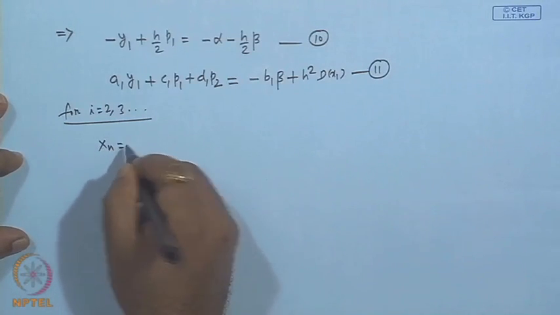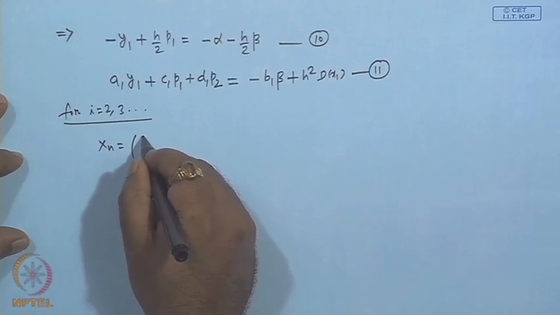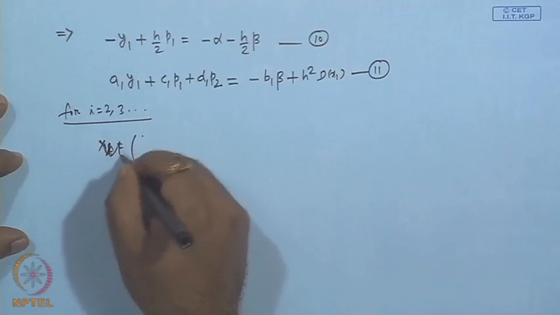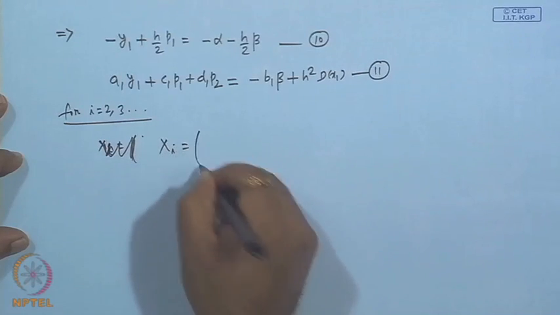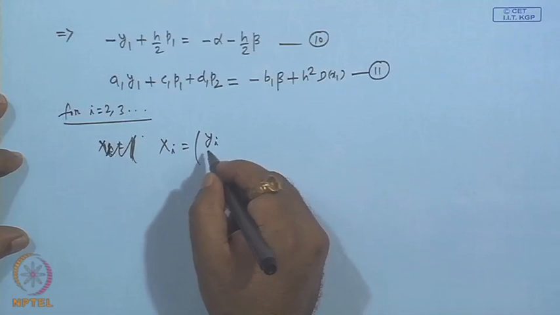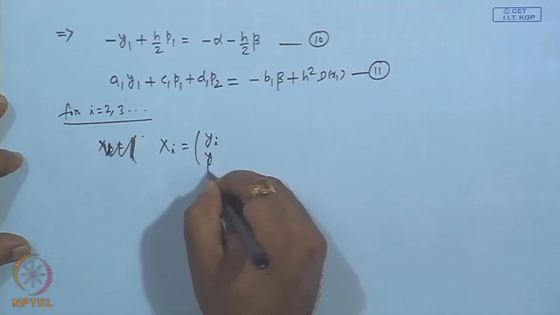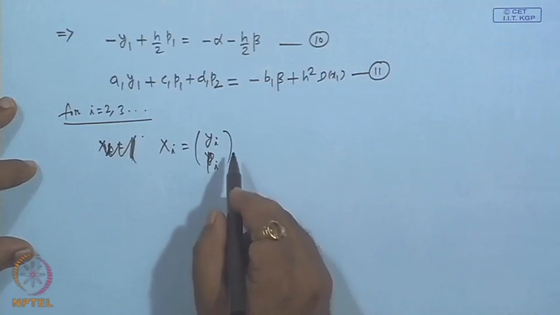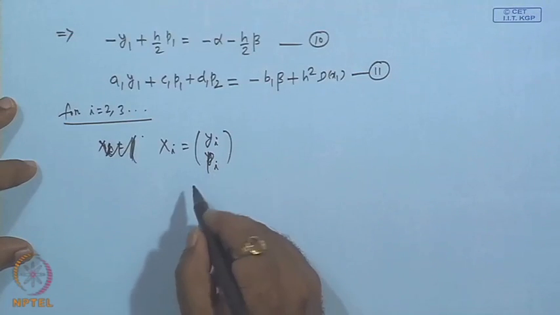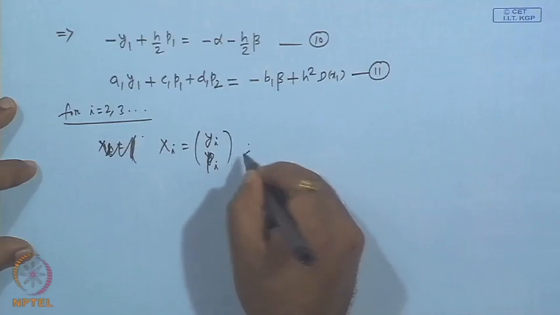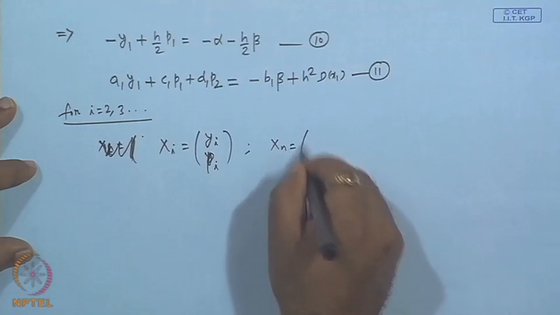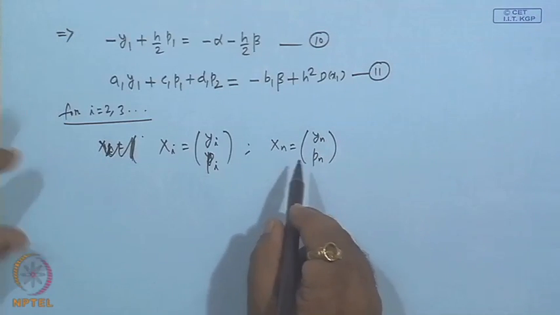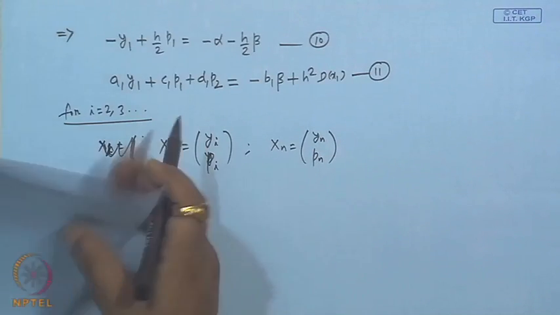Let us introduce notation x n is x I, y I, p I. Okay. So, if we introduce this, in general any x n is y n. So, there is a coefficient.